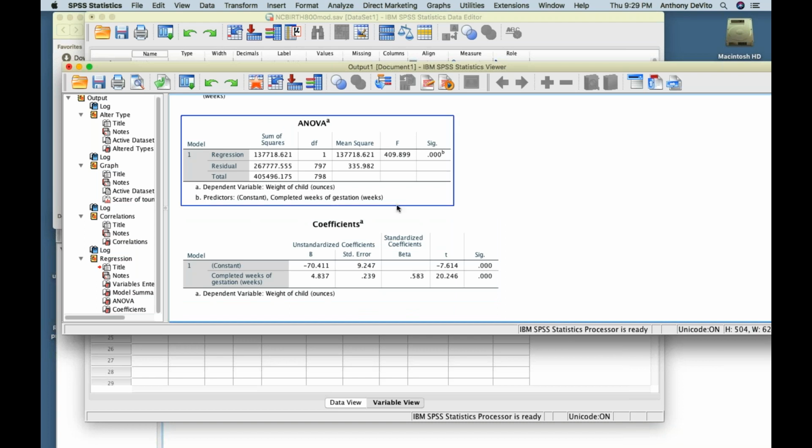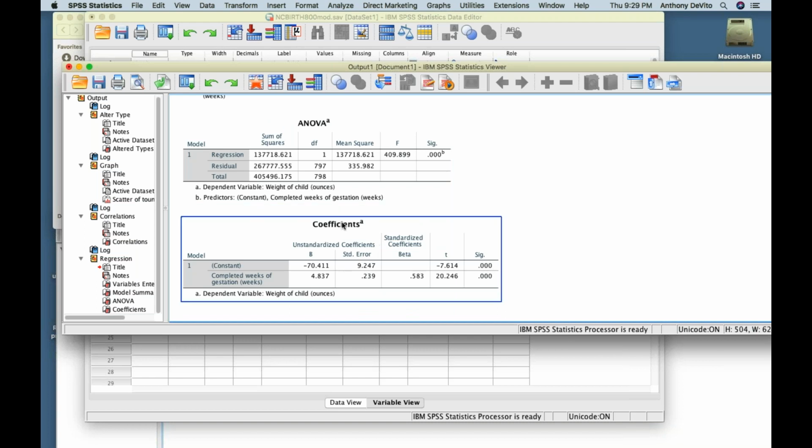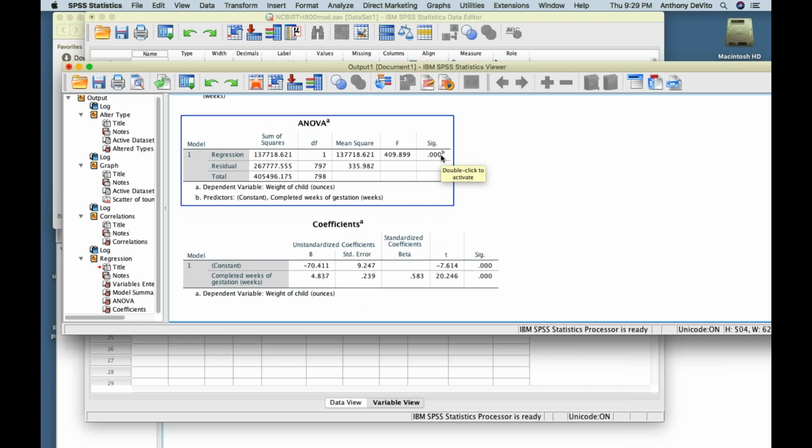Okay, so SPSS then gives us a box called coefficients, where we feel that this association is statistically significant, less than 5% chance that it's not real, that we would have rejected the null hypothesis incorrectly, right?